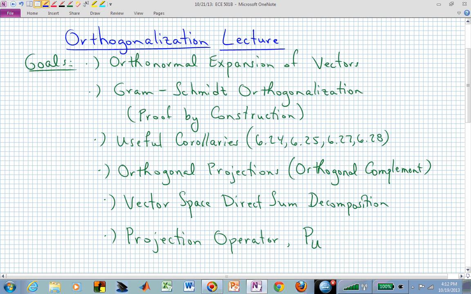in particular, if we keep going, an orthonormal list that forms a basis, and that will be created by this Gram-Schmidt orthogonalization process. We'll show that that holds, or is valid, by a proof by construction, and because of that, that proof is pretty powerful.